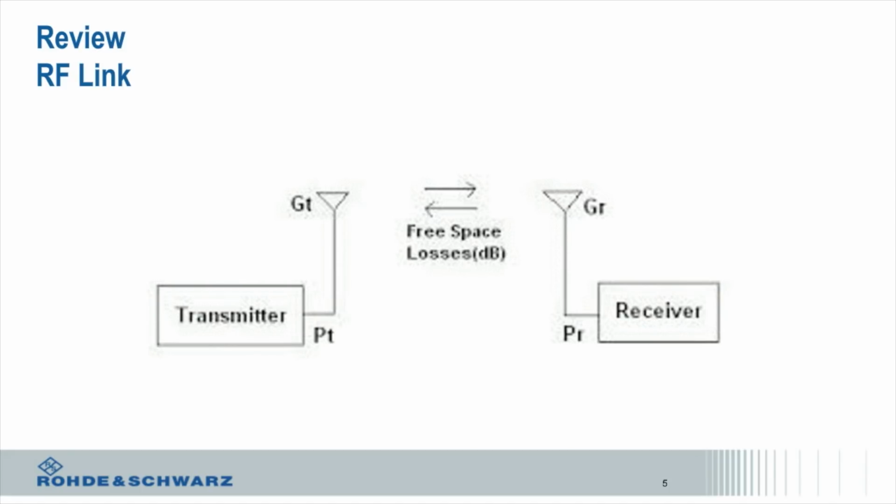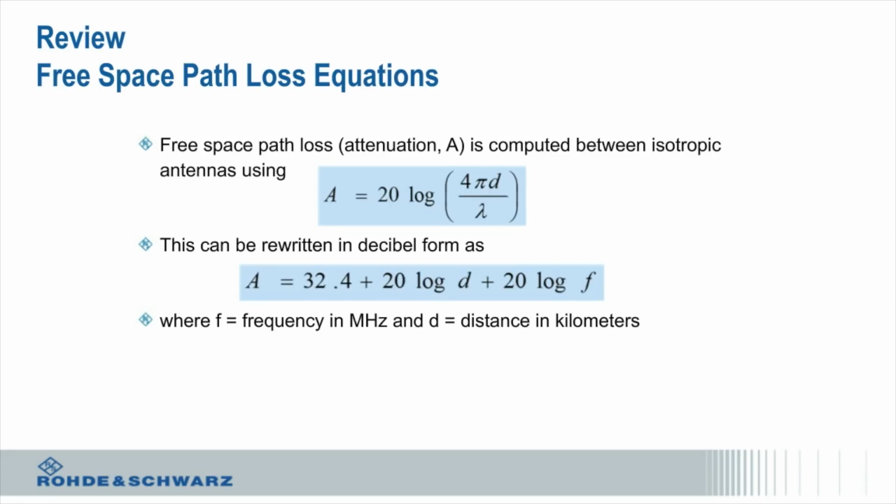This process of propagation through free space takes advantage of a mathematical formula called Friis's equation. Kind of simply put, if you took an antenna, for the most part, things will start out propagating isotropically, in other words, like a sphere. So it'll go equally in all directions, and it'll be governed by this mathematical equation.